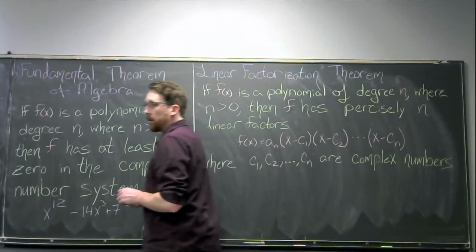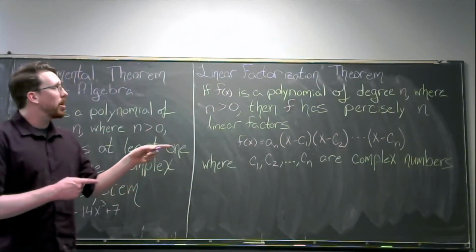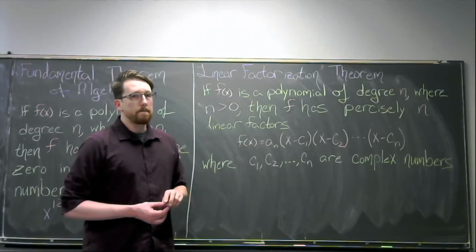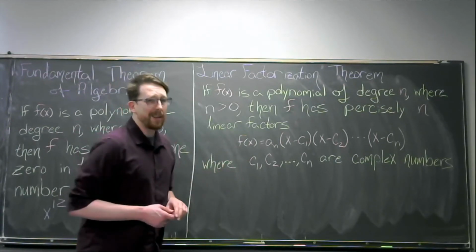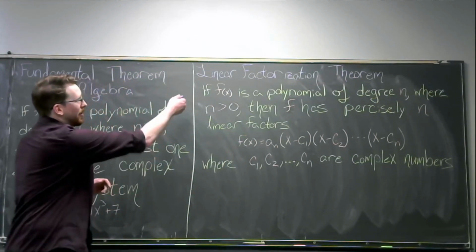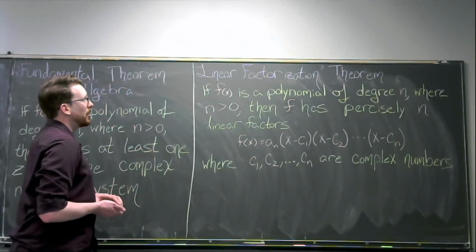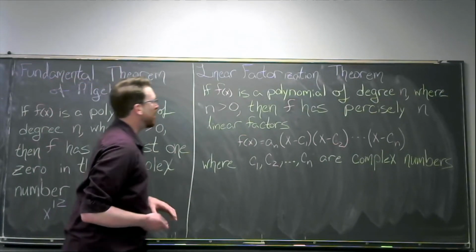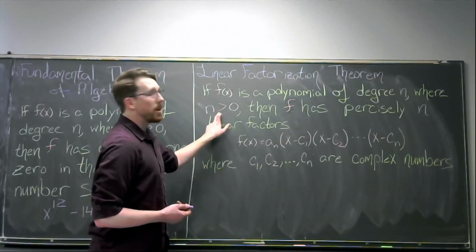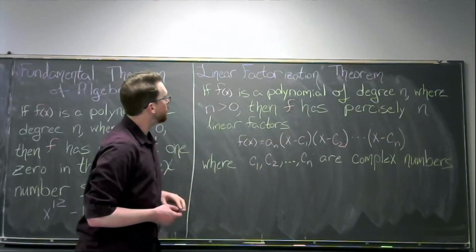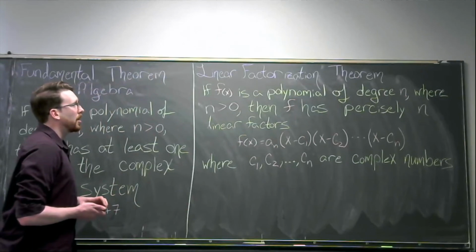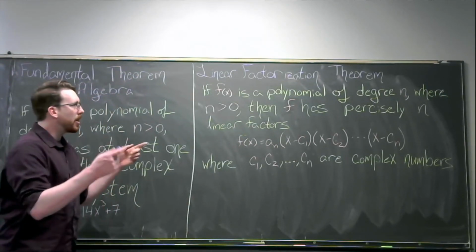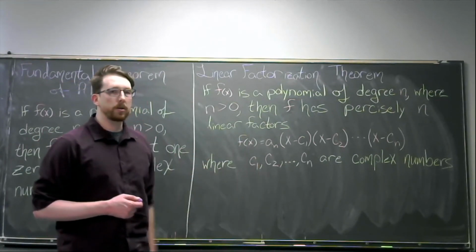Now, on the other hand, we've got this other theorem called the linear factorization theorem. The basic idea is that if you've got a polynomial f of x of degree n, where n is greater than 0, then you have exactly n linear factors for that function.